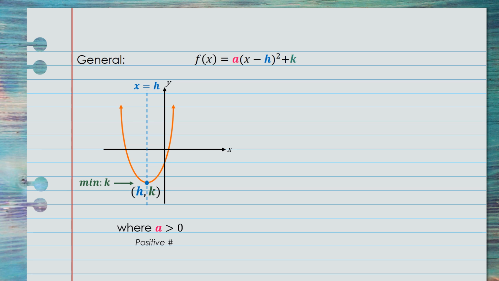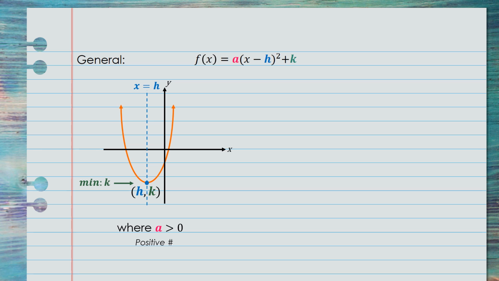Now, on this parabola, as you're reading it from left to right, we see that the graph is going down, down, down. Then we hit the low point, and then it changes directions and begins traveling up, up, up. The point at which it changes directions is referred to as the vertex, or h, k.